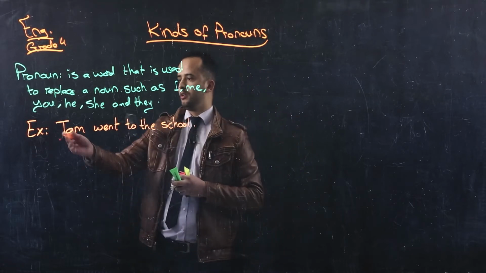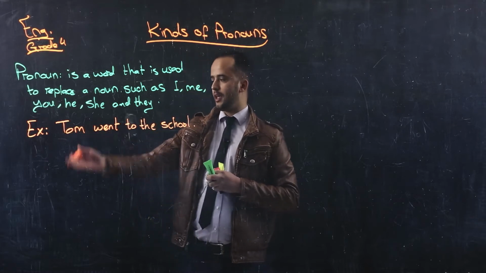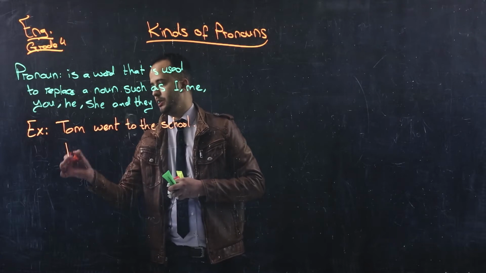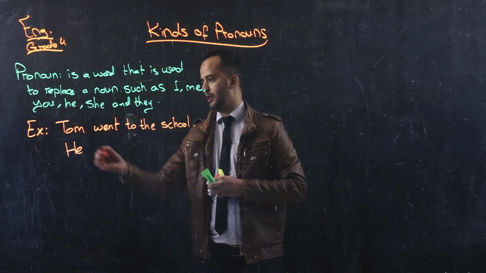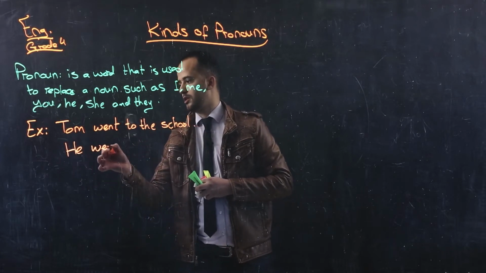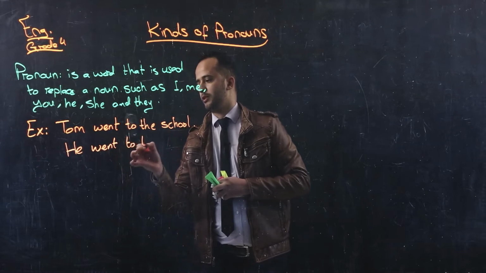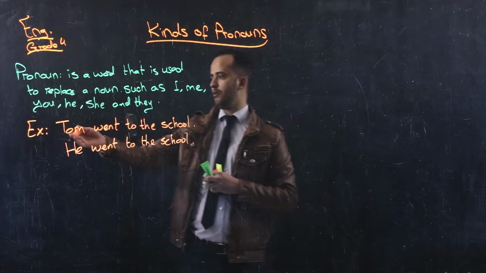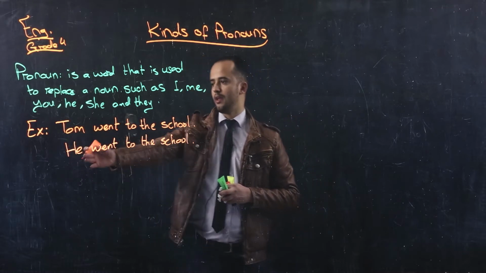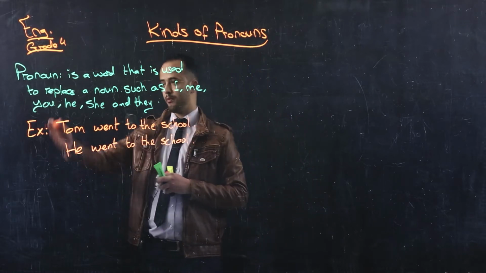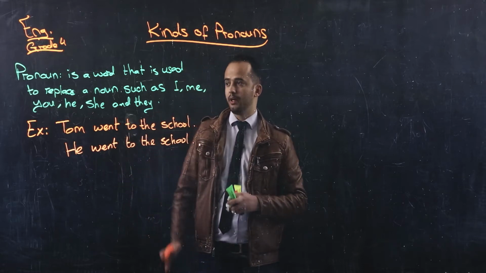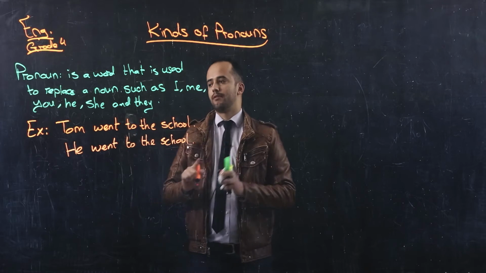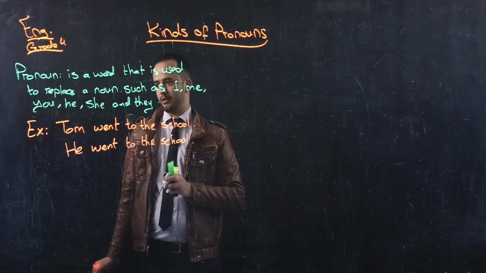All right, so Tom here is a noun. Now I can replace it with one of the pronouns. Like for example, he, we can say he instead of Tom. We can say that he went to the school. So instead of the noun Tom, I have used the pronoun he. And the same thing with other pronouns. Each pronoun has a specific use and it's used for a different purpose.